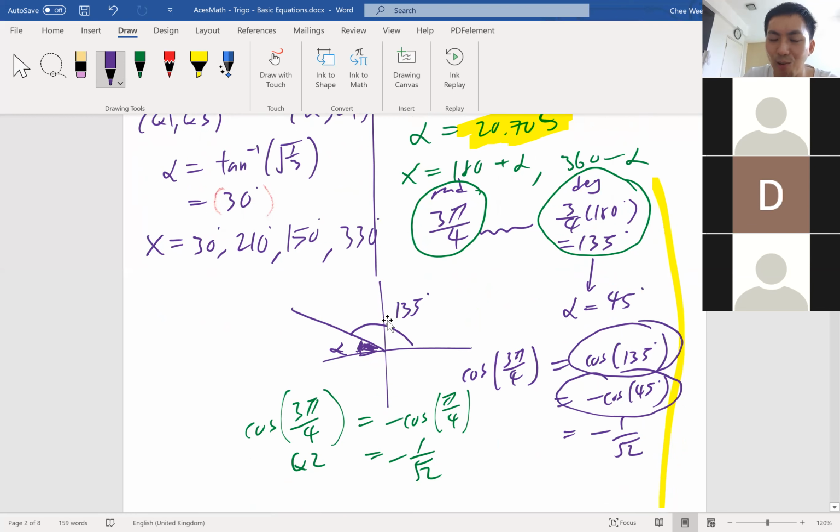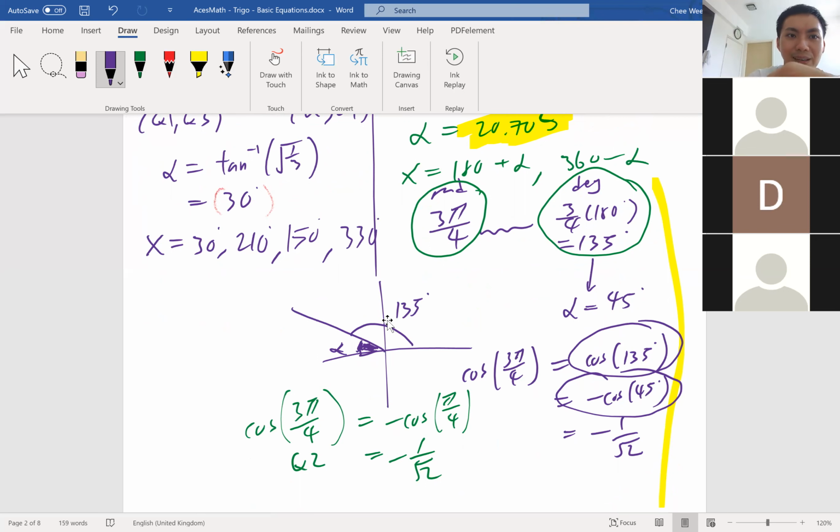And cosine 45 is 1 over square root 2, so cosine 135 is negative 1 over square root 2. But how do we get negative cosine 45 equals negative 1 over square root 2? Because cosine 45 is 1 over square root 2 by the special angle that you need to memorize. The table of values, from last week.